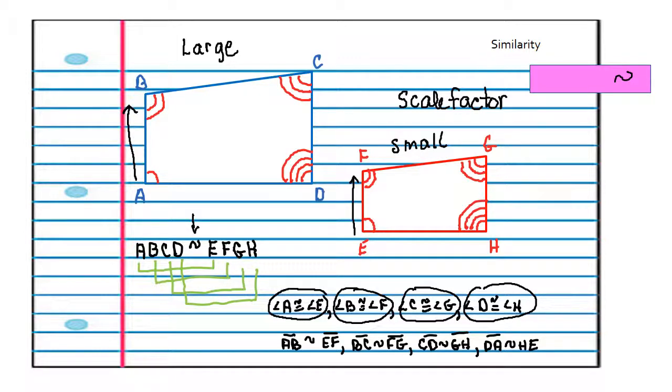And similarly, if I go from B to C, watching the angles here, I have 2, and I have 3, and down on the small one, 2 and 3, that BC is going to be similar, have the same scale factor as going from F to G, and C to D, and G to H, and D to A, and H to E. Make sure you keep similar letters with each other.